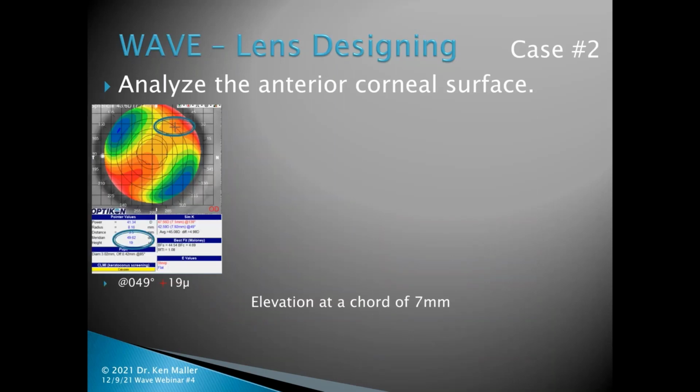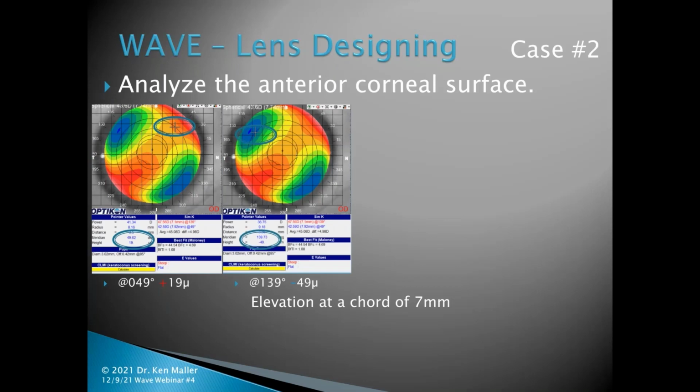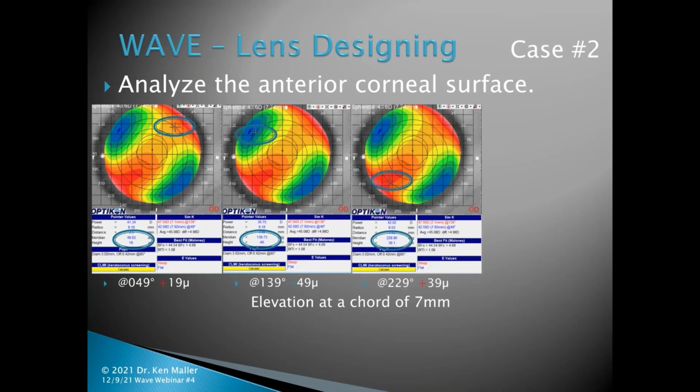So at 7 millimeter chord, you could see that at the 49 where it's elevated, we have a plus 19 microns. So it's elevated only about 20 microns. Remember, that 20 micron line on the wave skin is not even all that high. If we take a look now at the 139, we have a depression of about 49 microns, so that is quite a bit more. If we then go over to the 229, we're at an elevation of plus 39 microns.